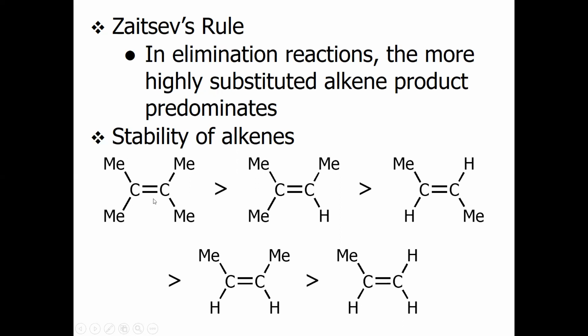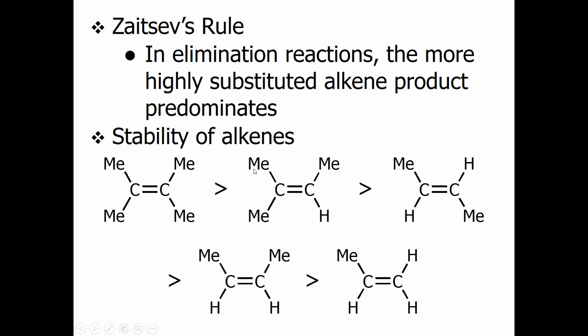But just for the sake of simplicity, I wrote this: if you have an alkene and this alkene is bonded with four alkyl groups, this alkene is known as a tetra-alkylated alkene, and this is the most stable one because of hyperconjugation or the resonance effect. Similarly, the second most stable alkene is the tri-alkylated one.